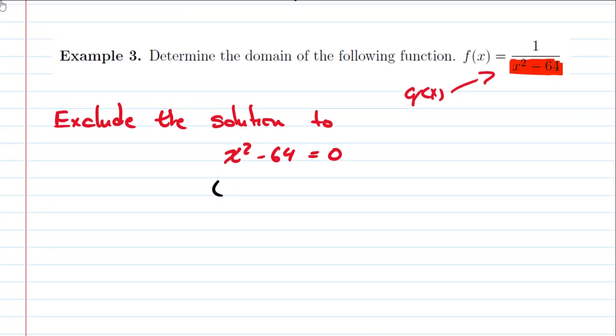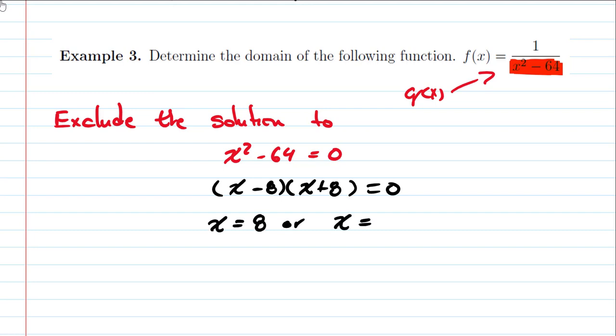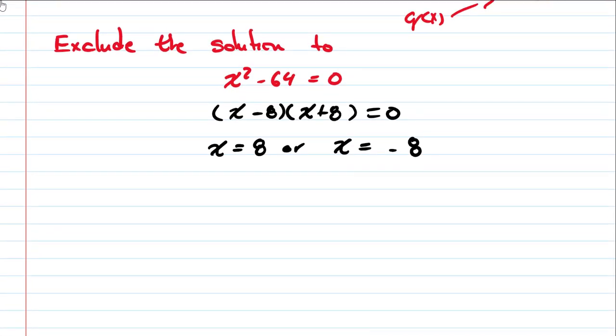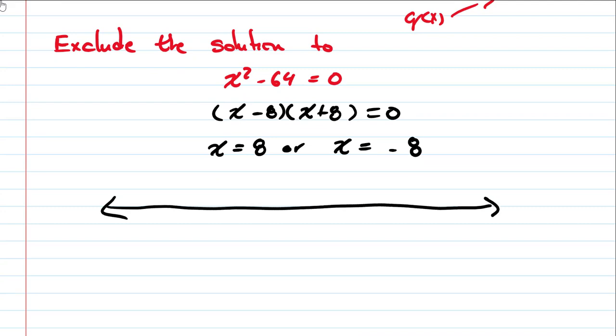So this we can factor into x minus 8 times x plus 8 is equal to 0. So our two solutions are x equals 8 or x is equal to negative 8. So then the domain, if we're excluding those solutions, we have all real numbers, but we need to exclude negative 8 and positive 8.